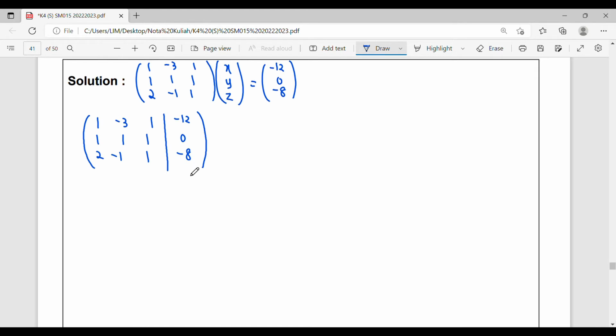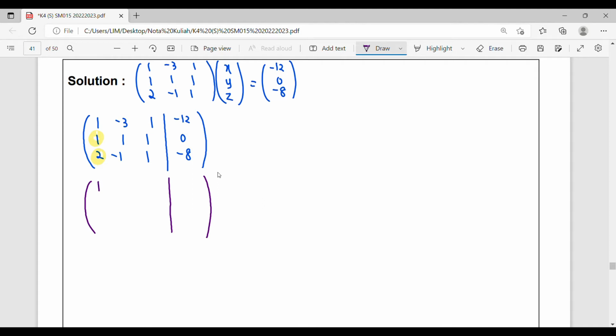So to perform ERO, we need to change the place of row 2 and row 3. And then we need to fix our row 1. So after forming our augmented matrix, we will fix our row 1.